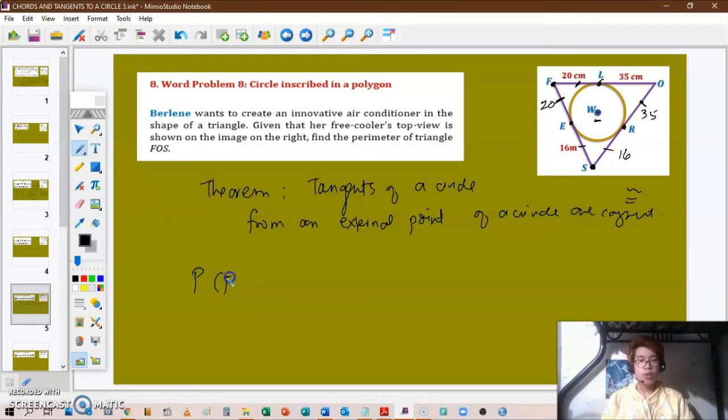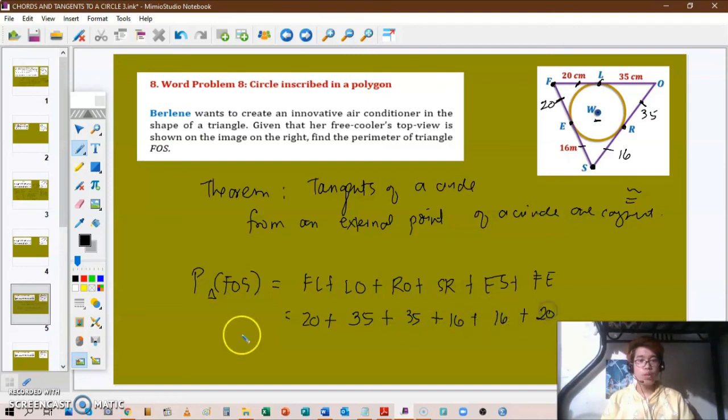The perimeter of triangle FOS is going to be equal to FL plus LO plus RO plus SR plus ES plus FE. We have FL is 20, LO is 35, RO is 35, SR is 16, ES is 16, and FE is equal to 20.